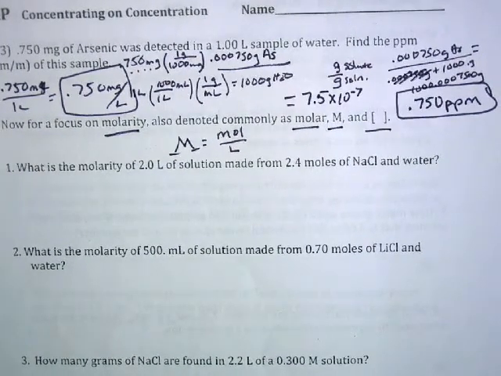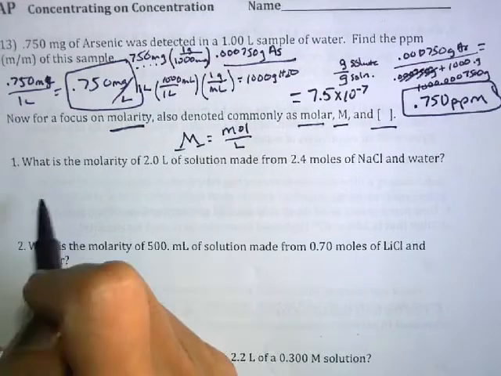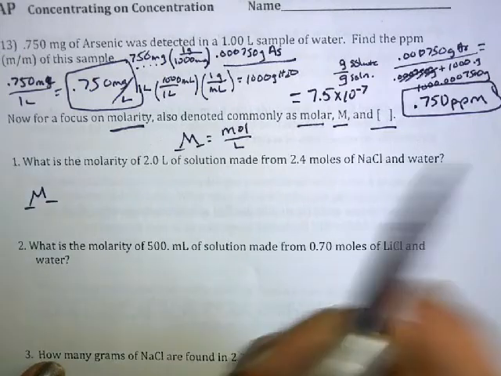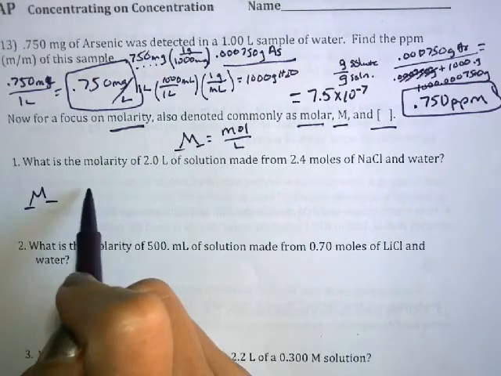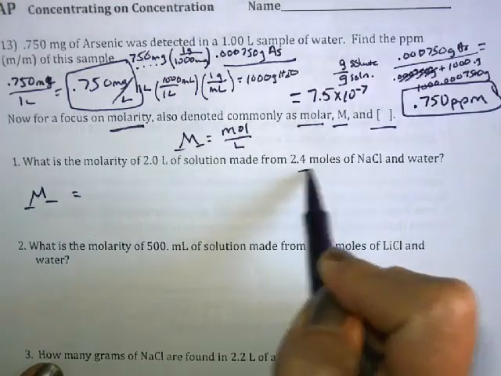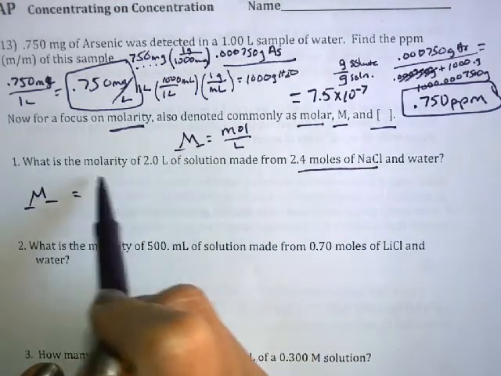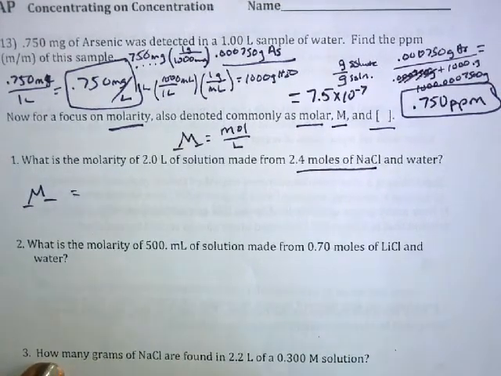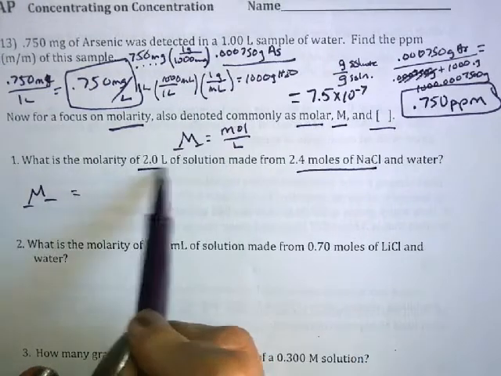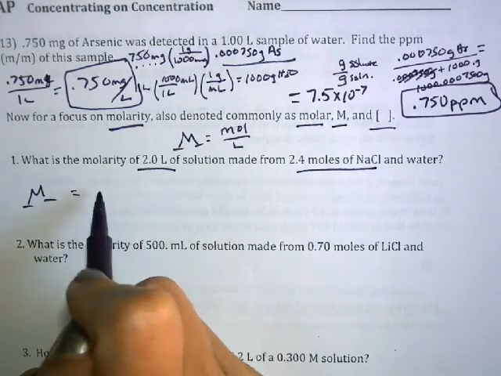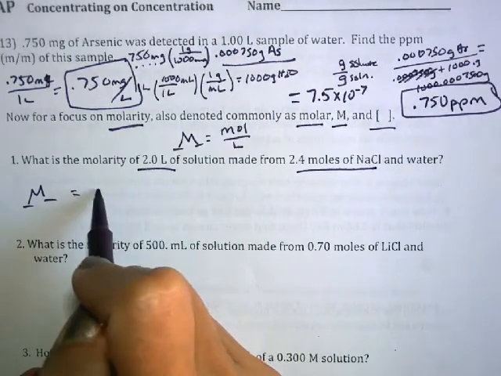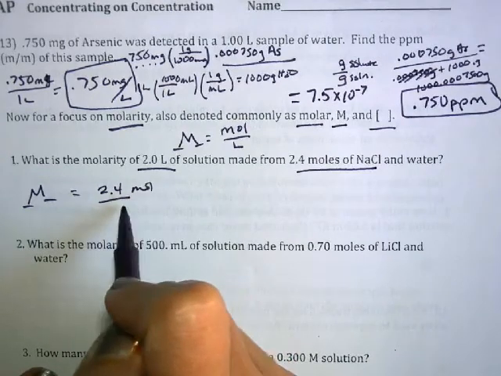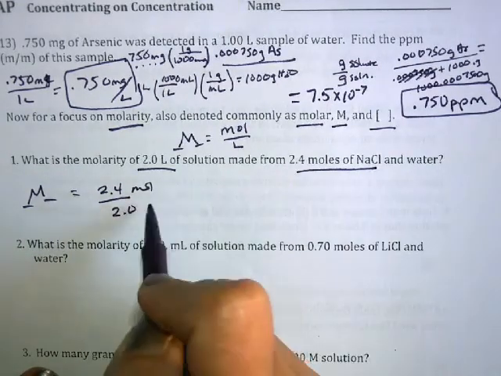So, what is a molarity? So we're solving for big M. What's big M? Of a solution made from 2.4 moles of sodium chloride and water. It says this is saying in the 2 liters there's 2.4 moles of sodium chloride, so it's quite simply 2.4 moles divided by 2.0 liters.